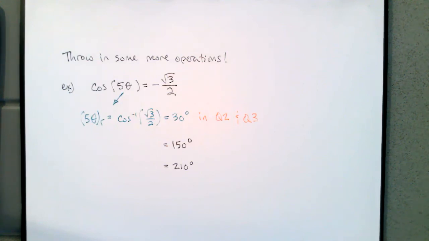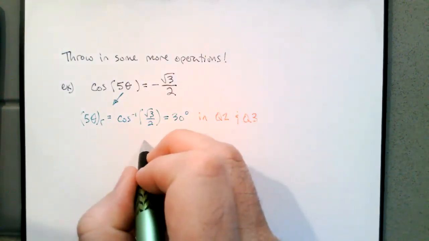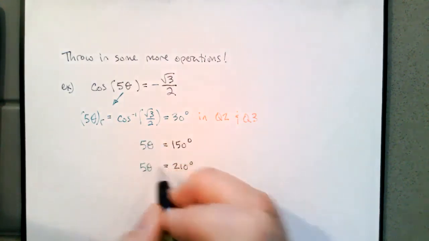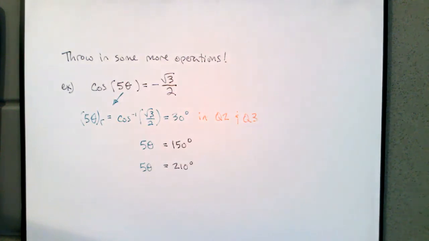The 150, that's 30 degrees in quadrant 2. We're not solving for theta yet. We're solving for 5 theta. So this is still a 5 theta that we're solving for, because the 30 degrees is a reference angle for 5 times theta.